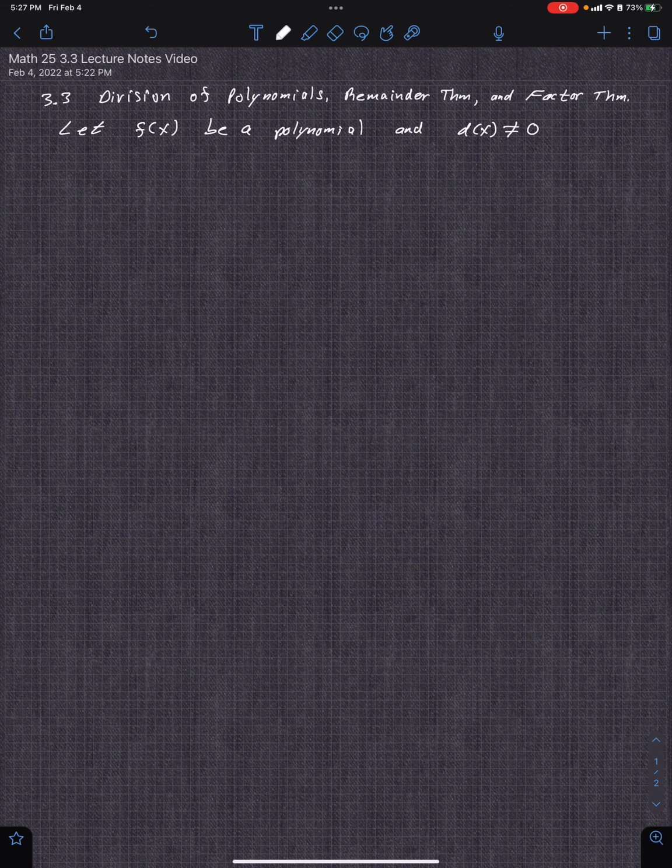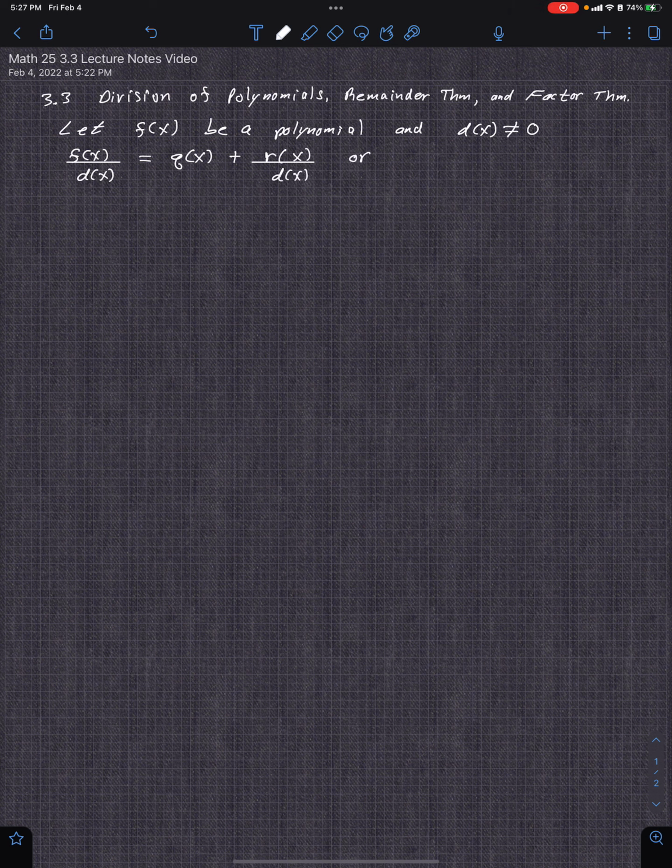Then we have, if you take a polynomial, f of x, and you divide by d of x, another polynomial, what you end up with is a quotient, q of x, plus r of x, which is the remainder, divided by d of x.